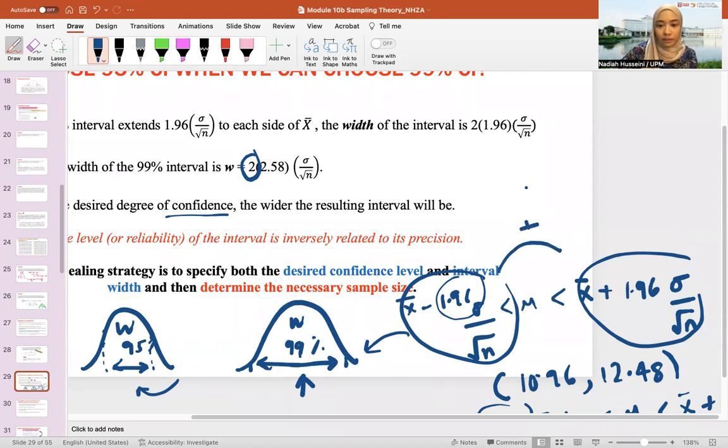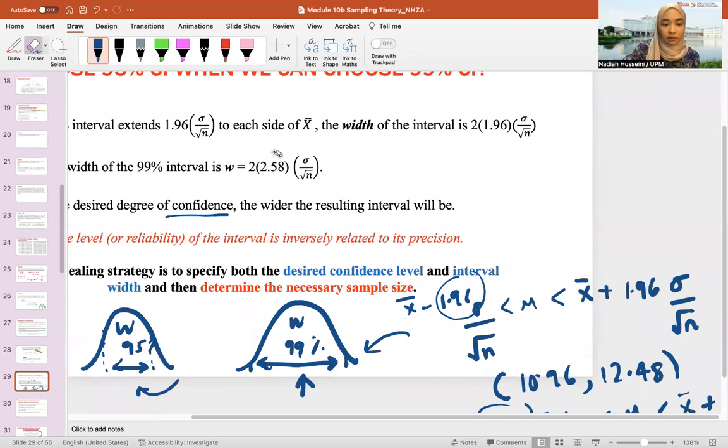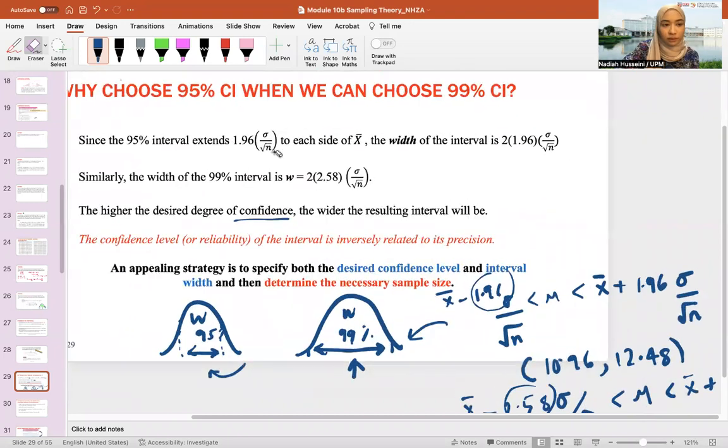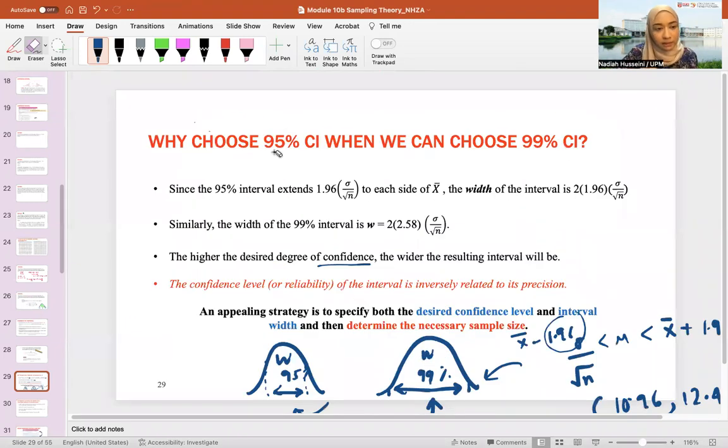And when you add these two together, they become the width. So that is why you have 2 over here. So that width is 2 times 2.58 standard deviation over the square root of n.